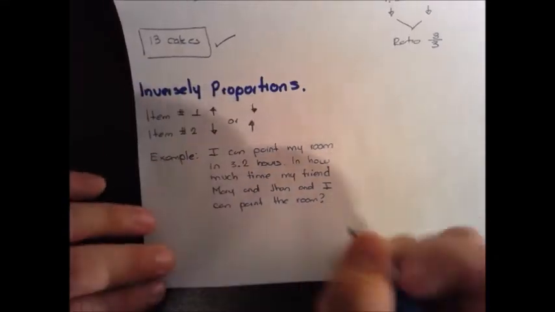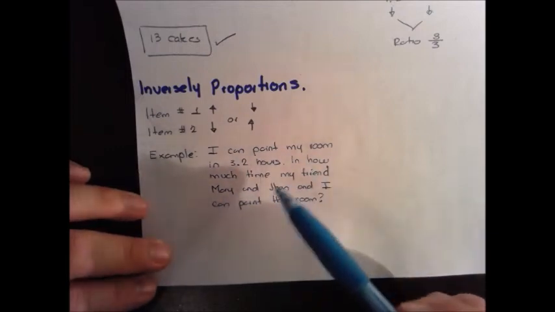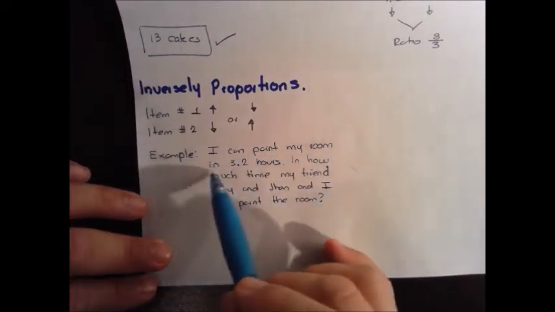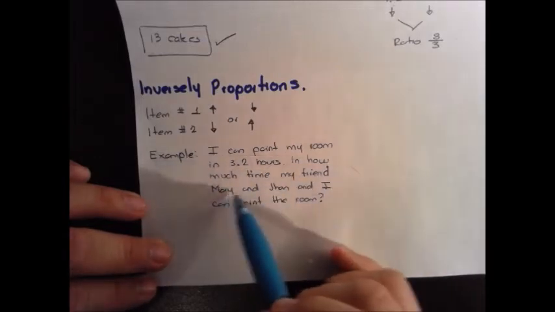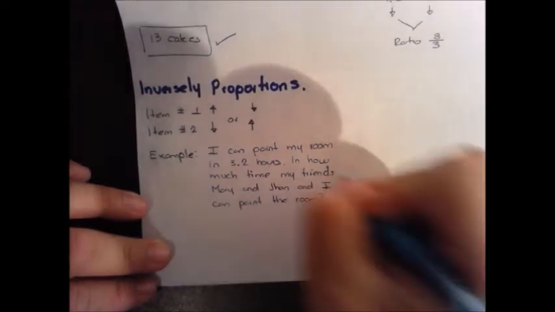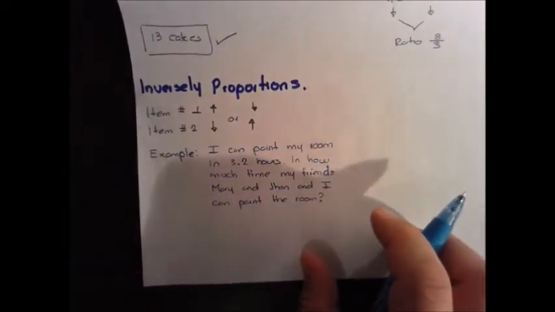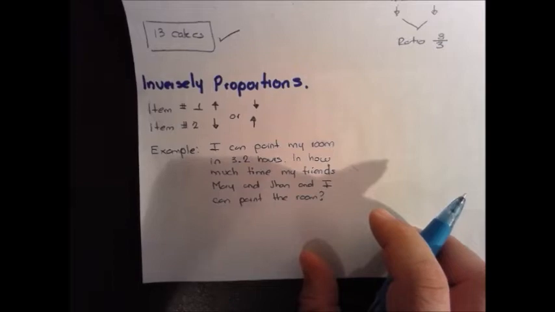Again, first of all, the first thing is to read the problem and think about the logic. If I can paint my room in 3.2 hours, how much time will my friends Mary and John and I need to paint the room? Obviously we are going to use less time because we are more people.